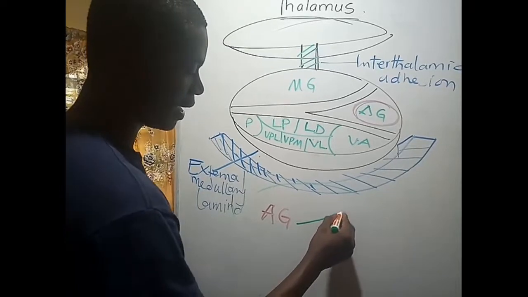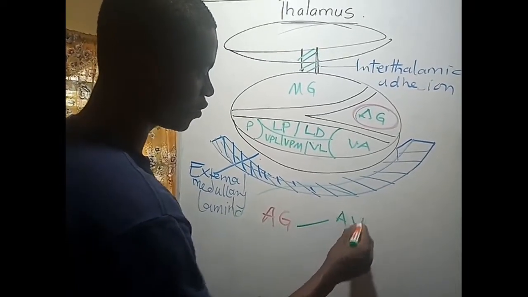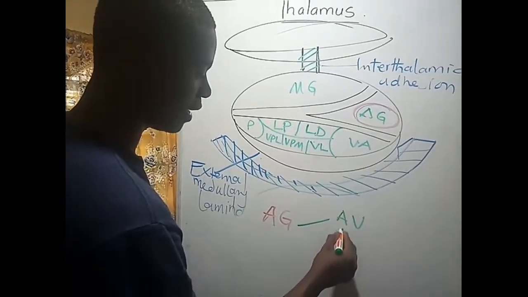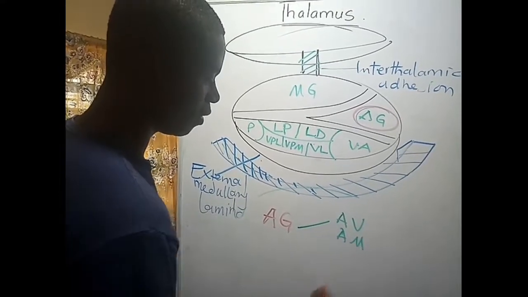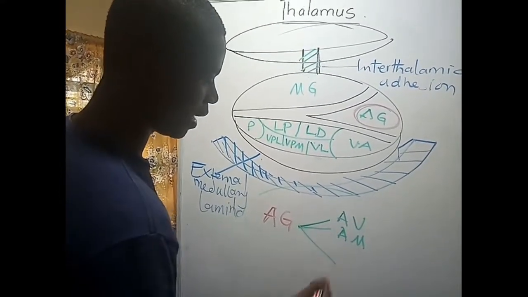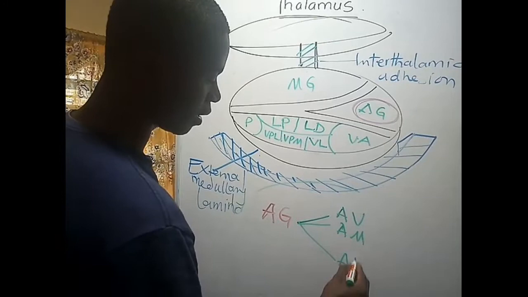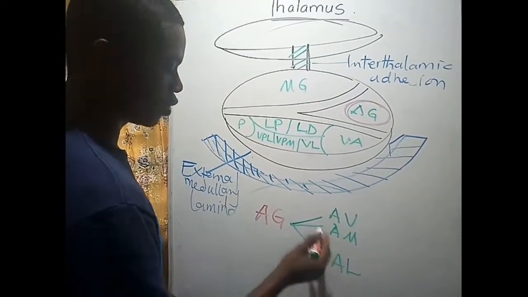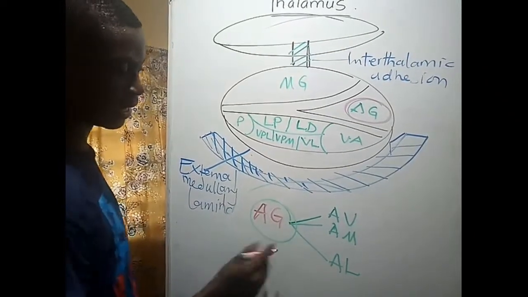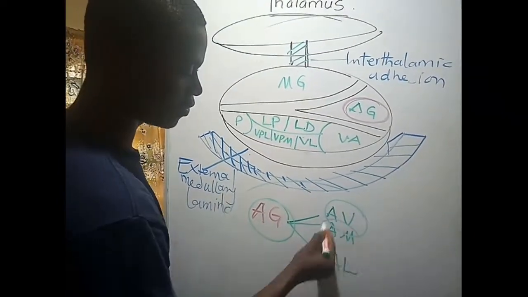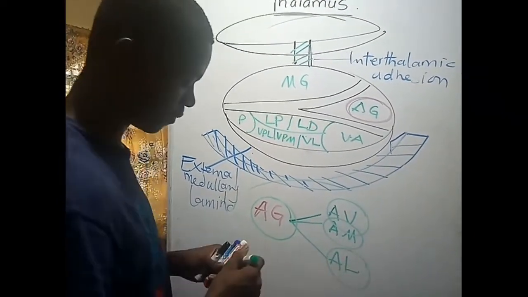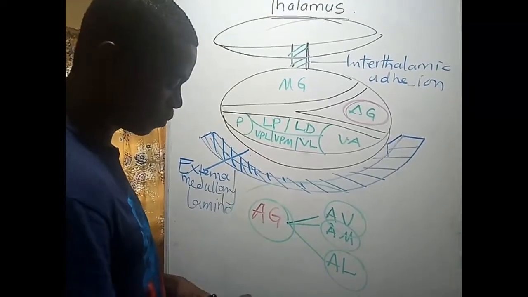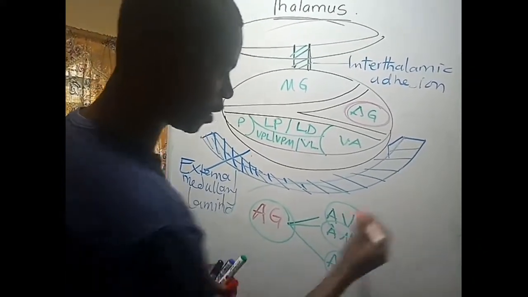We have the anterior ventral nuclei in here, we have the anterior medial, and then we have the anterior lateral nucleus. So the group has 3 nuclei: anterior ventral, anterior medial, and then anterior lateral. The largest is the anterior ventral nucleus.